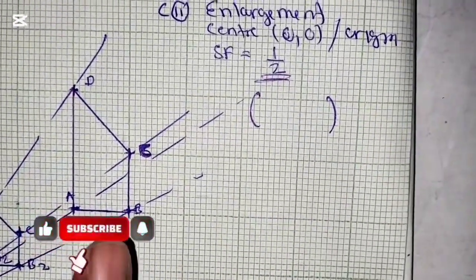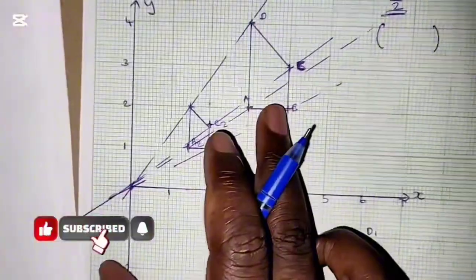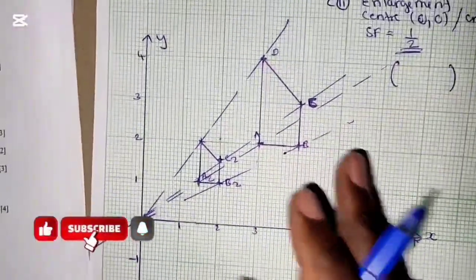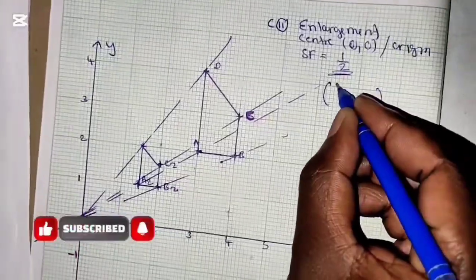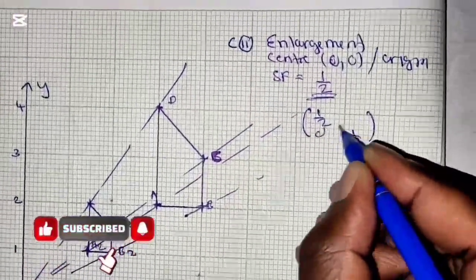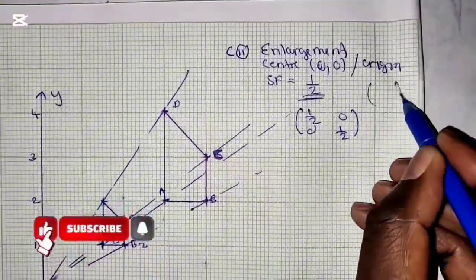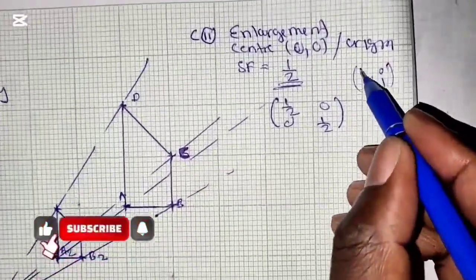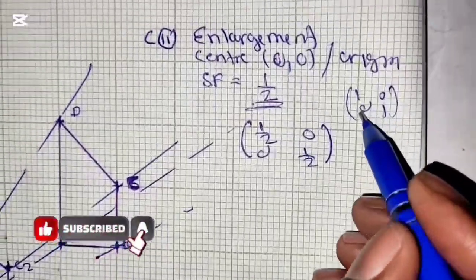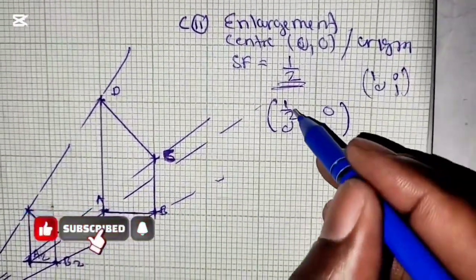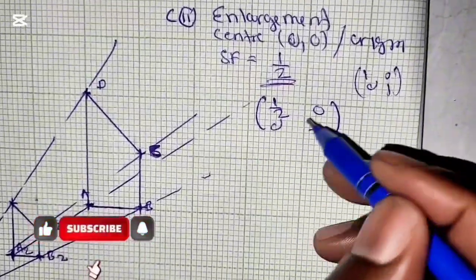Or you can write it in matrix form. Matrix enlargement is used if the center of enlargement is 0, 0 or origin. So we're going to take the identity matrix with 1, 1, 0, 0. These ones here are affected by the scale factor, so you can put our scale factor, 1 half, 1 half, then 0, 0.